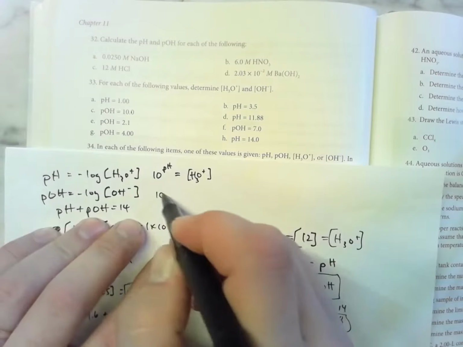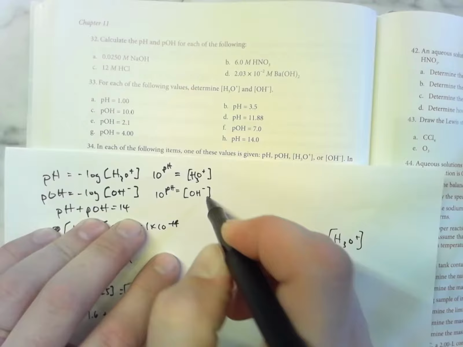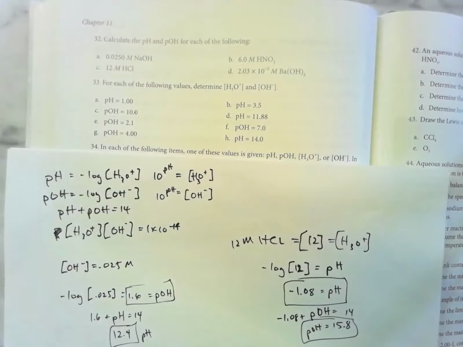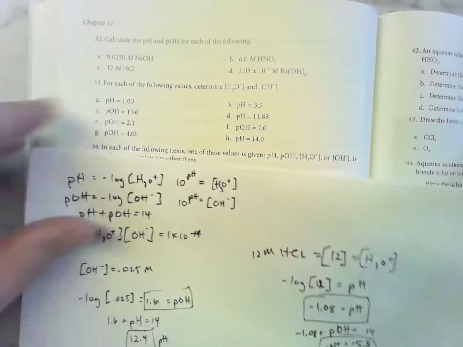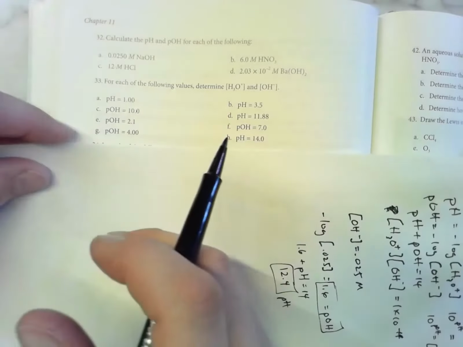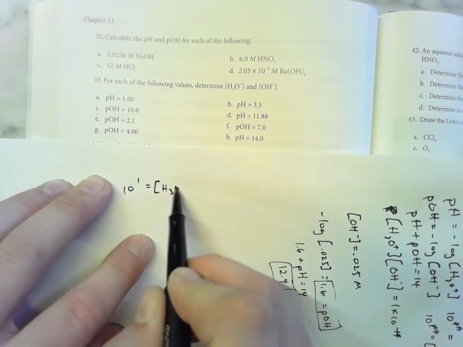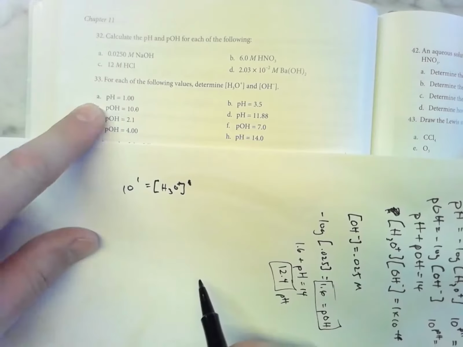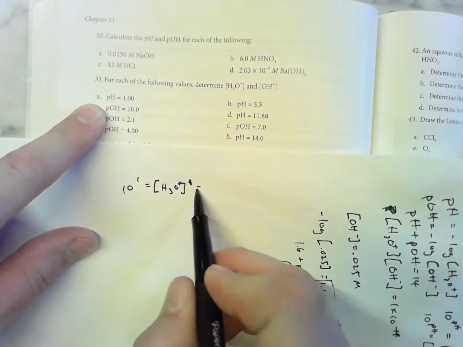And 10 to the pOH is equal to the concentration of OH minus. So what does that mean for these? It means that 10 to the 1 is equal to our H3O plus concentration. That's simple. And so that's equal to 10.